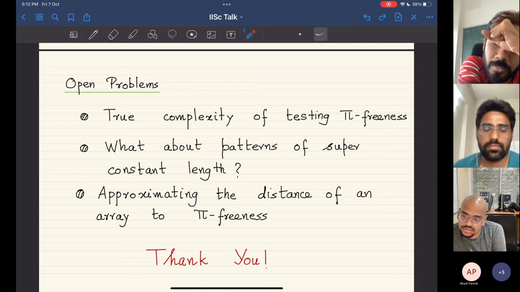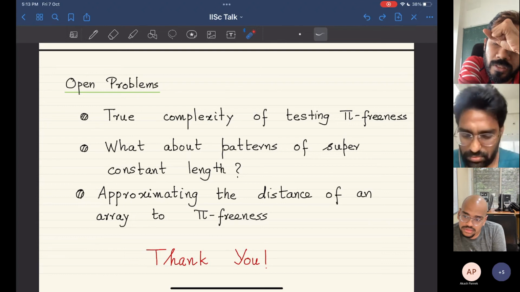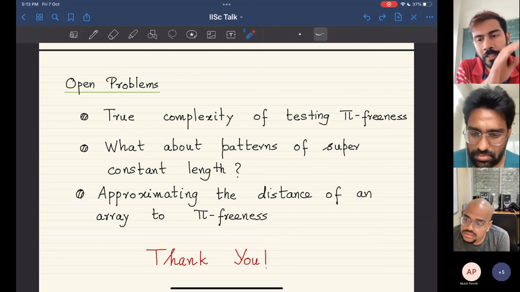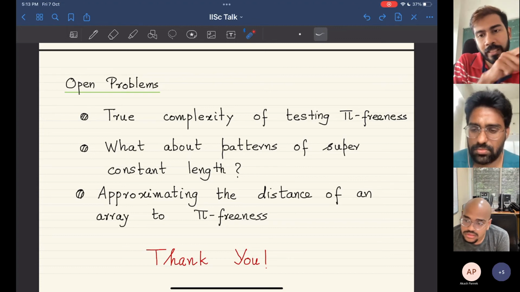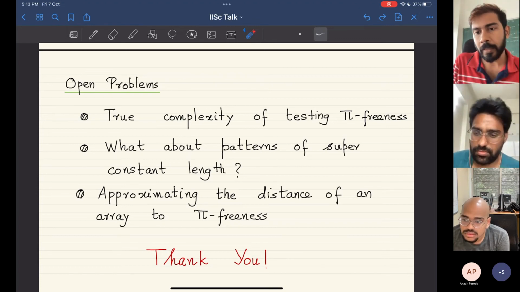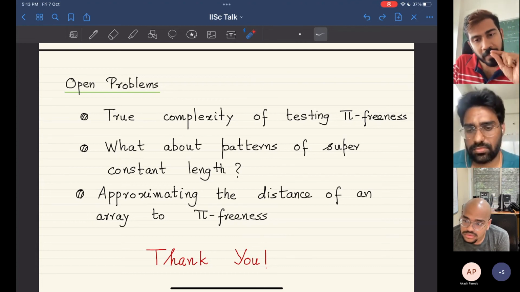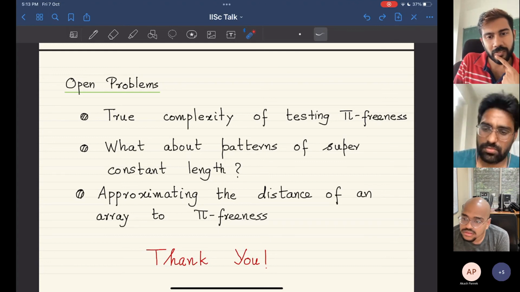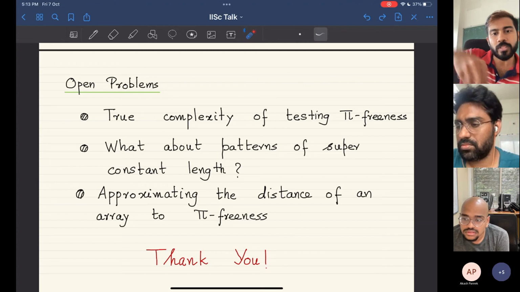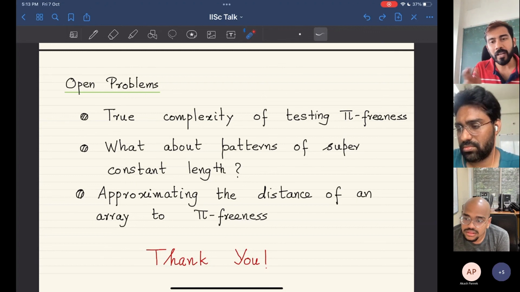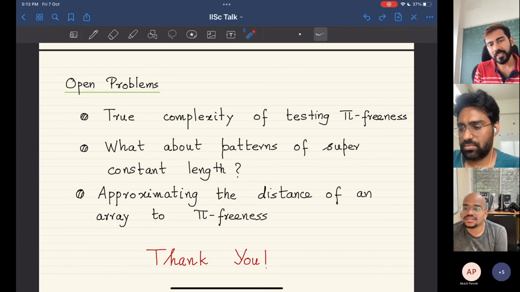You want to modify at least epsilon n values. No, the point is, suppose you are giving me an array that contains a 3, 2, 1, 4, 5 appearance. I can destroy that appearance simply by one change, right? I will just change that one to some very large value, infinity. So there is no concept of farness.